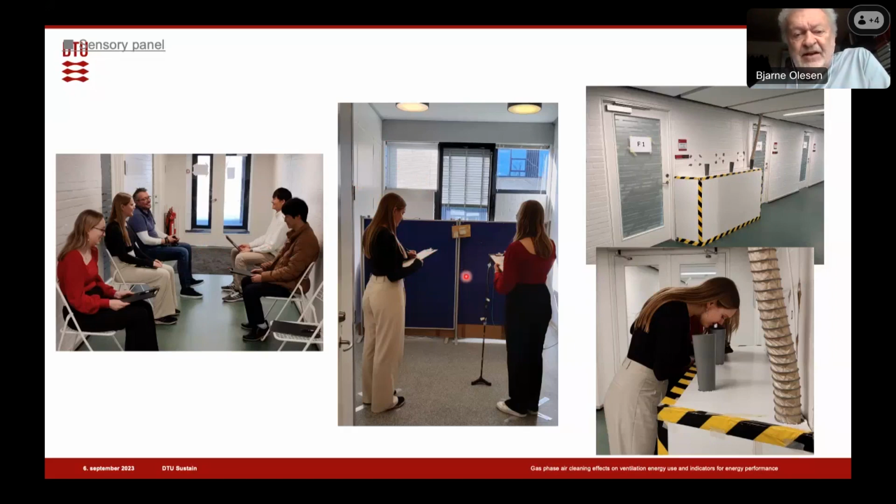They cannot see it. In the other part of the room, we also have a cupboard which is ventilated, with building materials. So we simulate here emission from building materials.